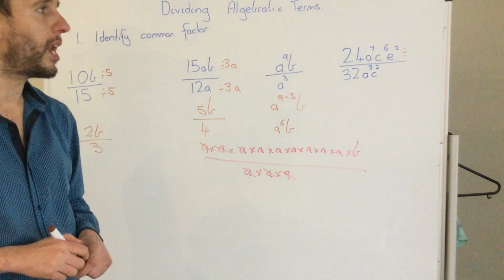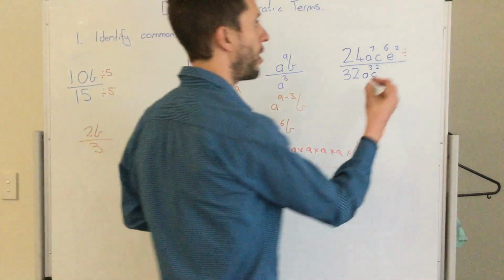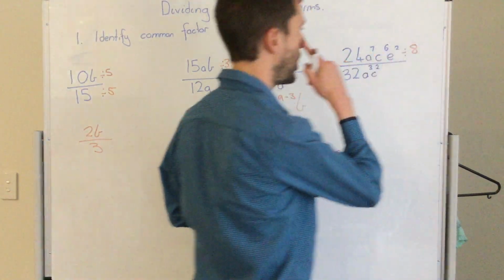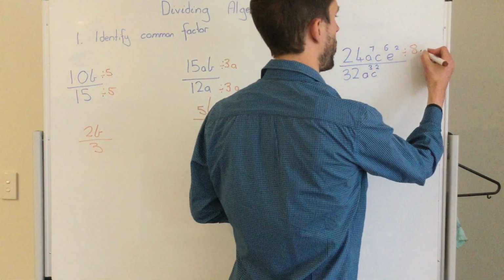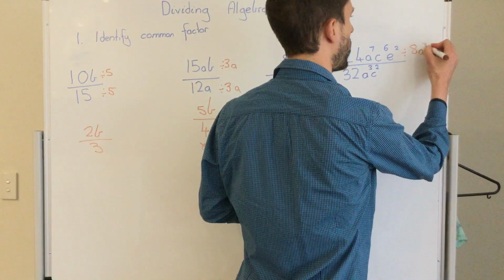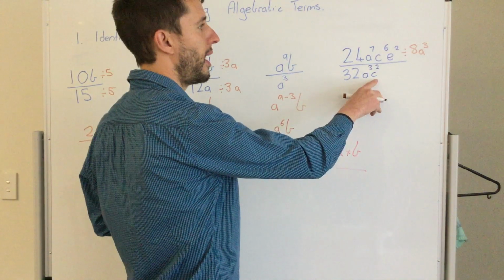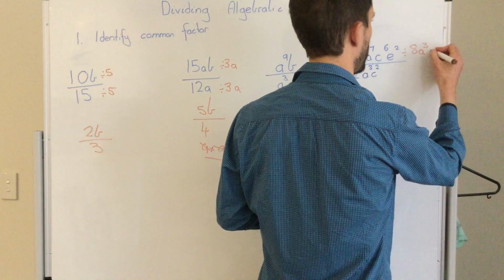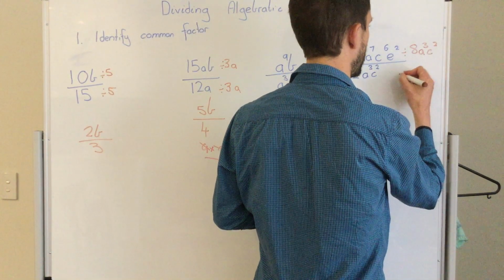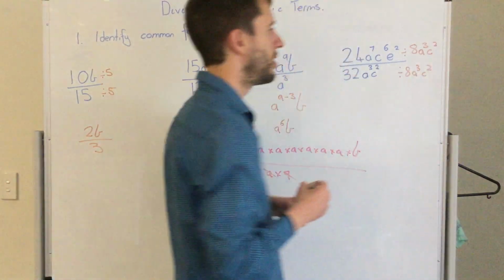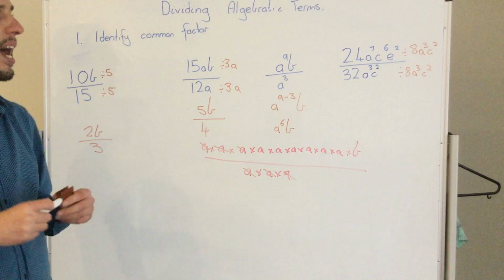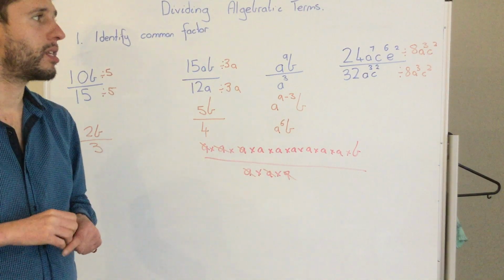Thinking about 24 and 32, 8 goes into both of them. And I can also see that they both have 3 lots of a's and they both have 2 lots of c's. So I'm going to be dividing by 8, a to the power of 3, c to the power of 2.